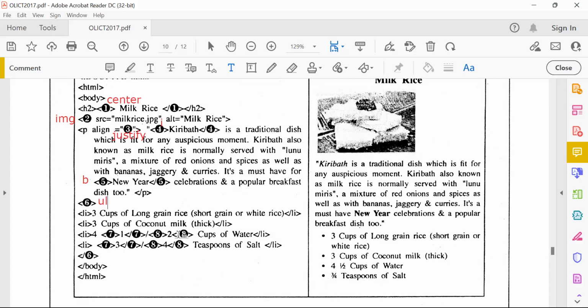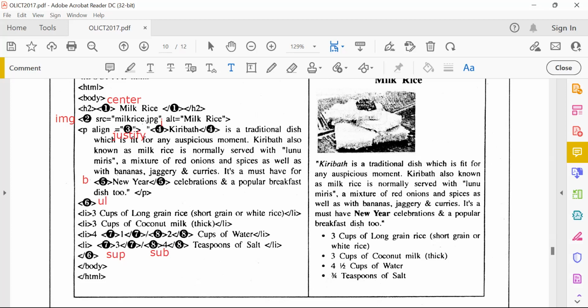So it starts with UL. And then we have LI for each. Then we have these two terms, right? One should go up, the other one should go down. So this goes as superscript and this goes as subscript. That's all we need to have.